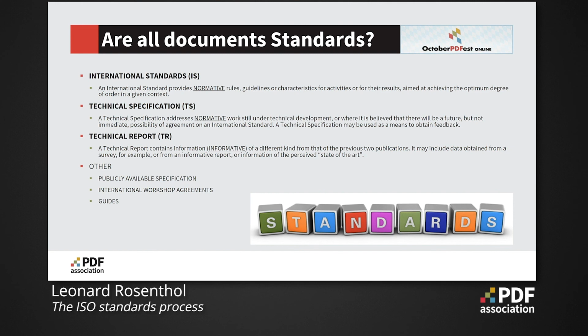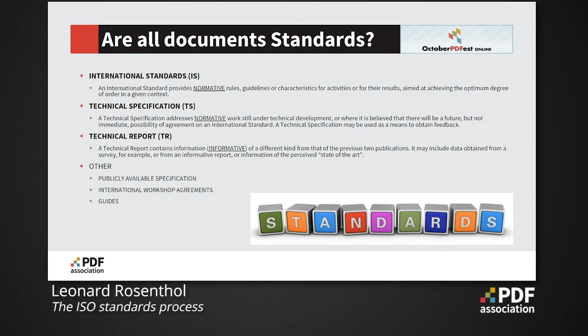ISO 32000 and PDFA, ISO 19005, all of the things that you think of as the PDF standards are just that. They are international standards. They are a set of normative rules, guidelines, and such for, in our case, PDF. That is the normal type of document that we build as an IS.